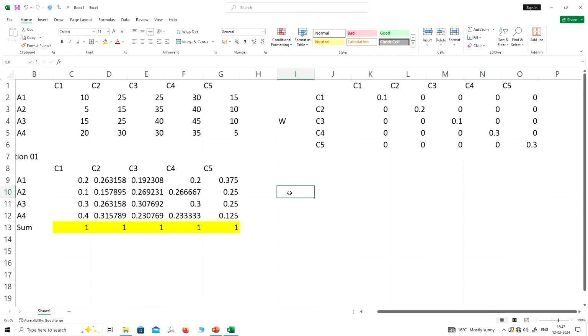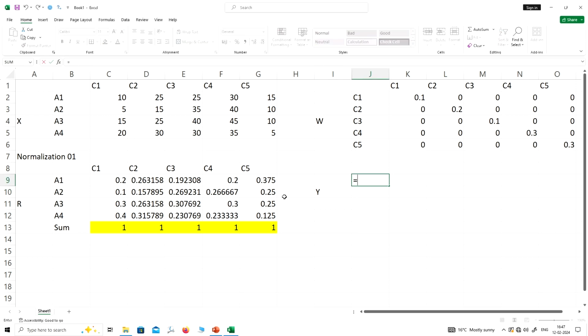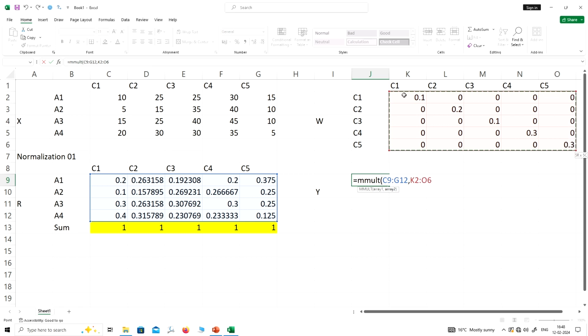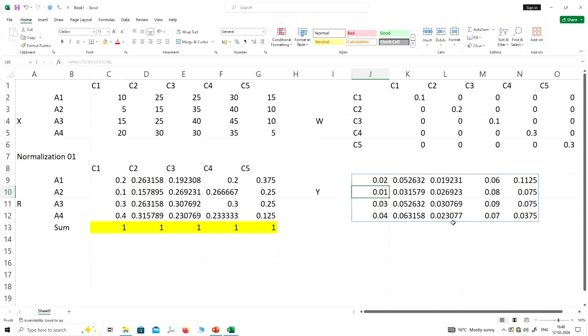So, if I consider the multiplication, so I consider this matrix as Y. If I say matrix, so matrix multiplication, so this is basically the matrix multiplication, and here you will understand.